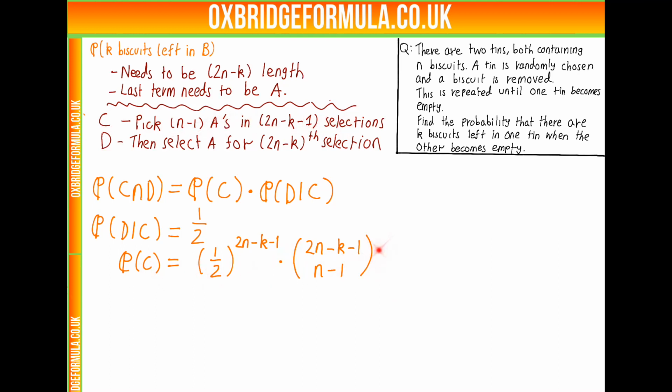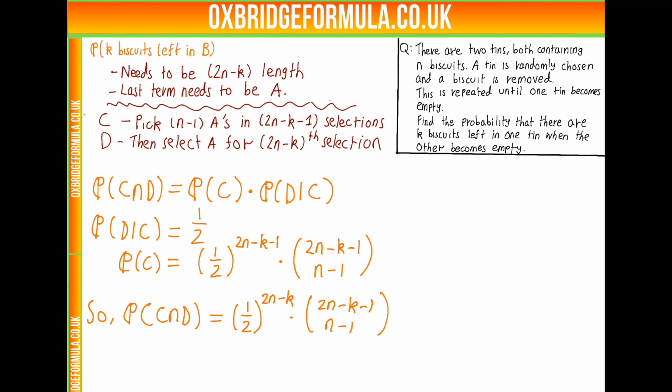So we get this by considering C as an event in a binomial distribution. Now we simply need to times them together. So it's easy, we just combine these powers, so we get probability of C intersect D is equal to a half to the 2n minus k times 2n minus k minus 1 choose n minus 1. But remember, that's not our answer, because this was the probability of k biscuits left in B. We could also have the event occur of k biscuits being left in A, and that would completely satisfy this.